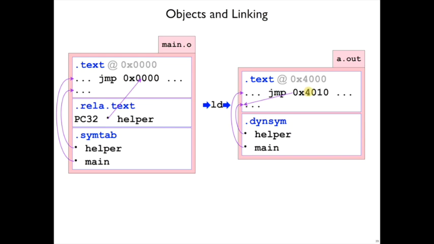So it now jumps to a specific address. It turns out through a relative reference, but it points specifically to the place where helper exists. So that's how a linker takes object files and turns them into executable files, assigning addresses for the particular things defined in an object file to where they will exist in an execution.